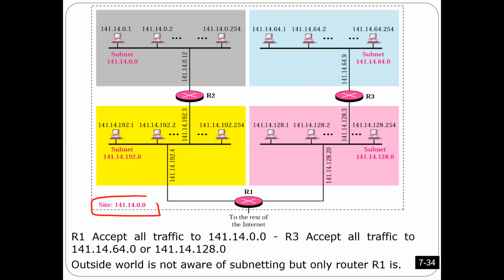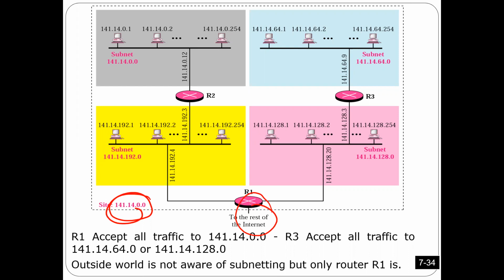This is not related to this example, but it's what I told you before. If you have an organization like this one, this is a network ID. The outside world is going to see you using this network ID. So every time you receive a packet for this network ID, it is going to go to this place.